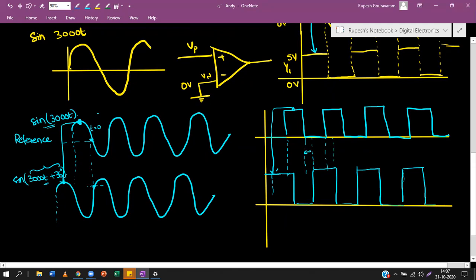Okay, how much will this difference be? This will be 36 degrees difference. Okay, 36 degrees in radians means, so 180 degrees means pi, 36 degrees will be pi by 5. Okay, because 180 by 5 is 36. So the difference here will be 36 degrees, that is pi by 5 radians. Okay, so this will be the output.